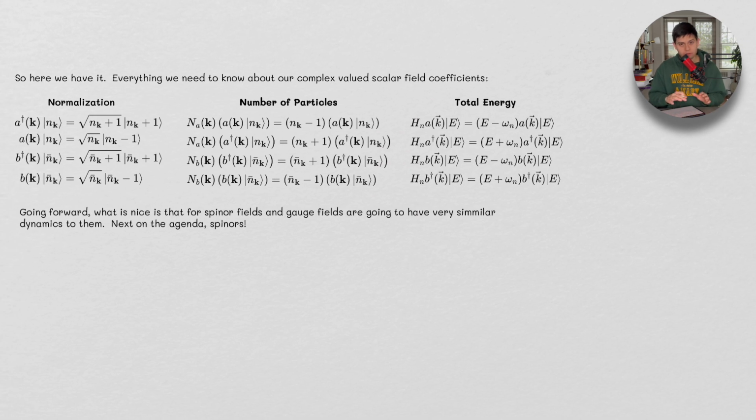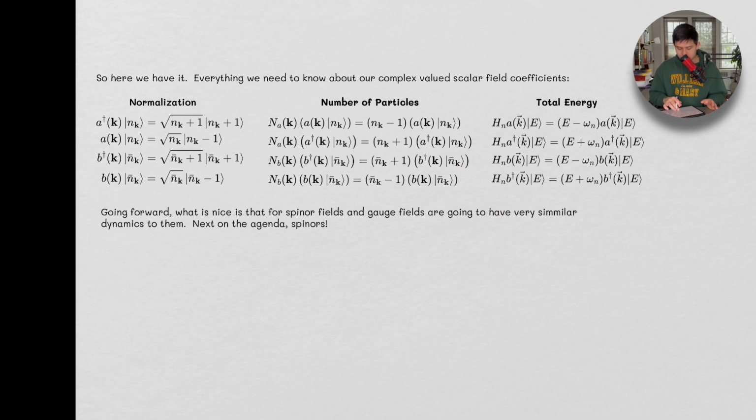Again, this is all in a free field. We haven't talked about interacting fields yet, and we're going to get to that. But this is what we have so far: normalization, number of particles, total energy. These things are raising and lowering all of these, and they have normalization factors in front of them as well.